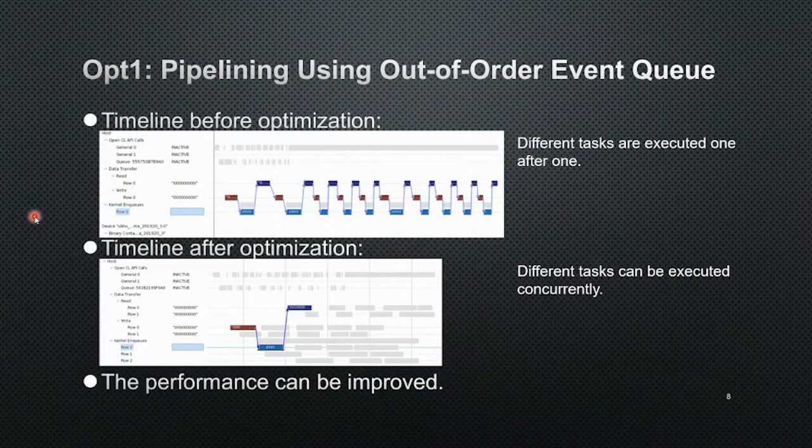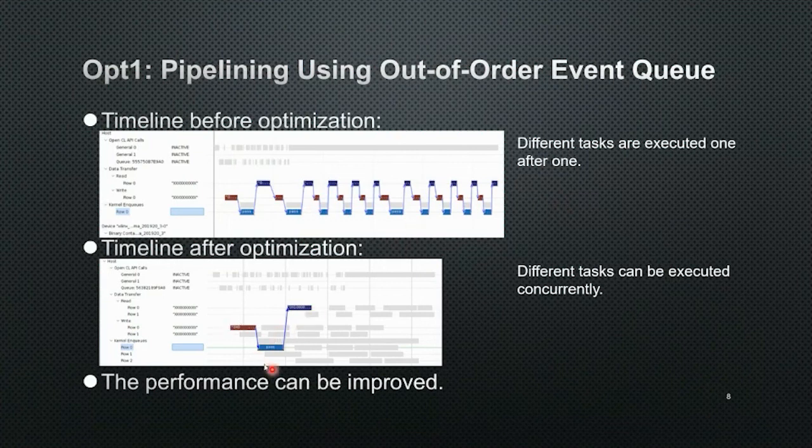Here is the timeline before and after we enable it. Write, kernel, and read form a task. If we disable the out of order event queue, each task can only be executed after the previous task is finished, so they are executed sequentially, one after another.